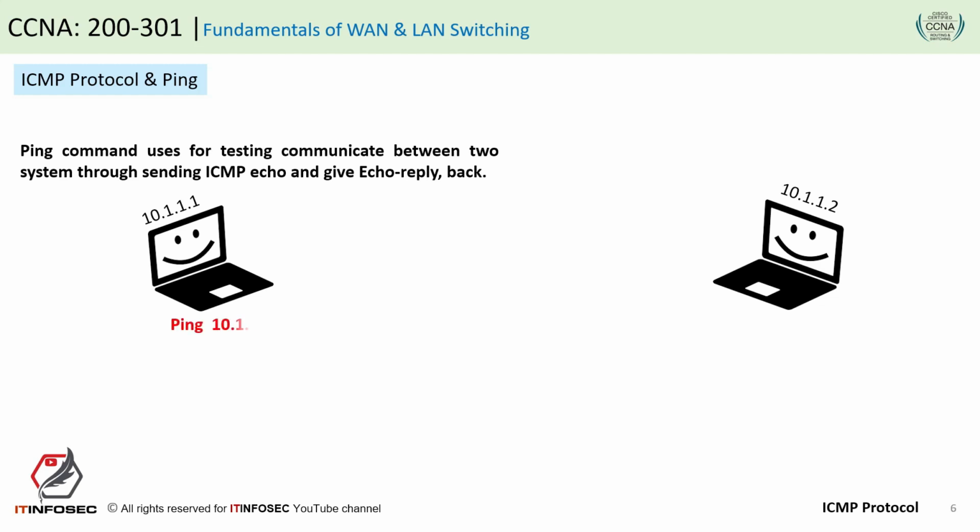Well, I sit behind the computer 10.1.1.1 and type the command ping 10.1.1.2. I want to ping or test whether I can communicate with the other side, 10.1.1.2, or not. I enter this command ping 10.1.1.2 and press enter.